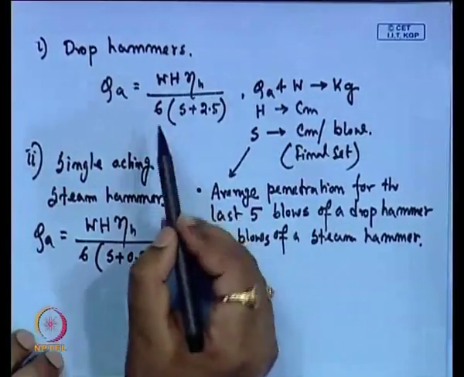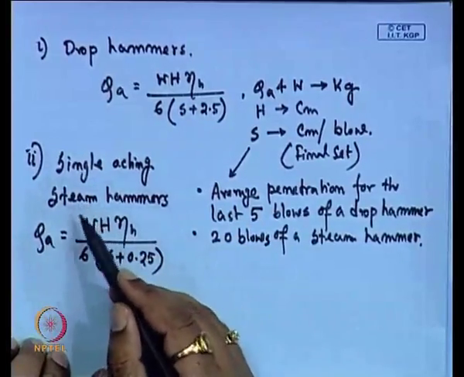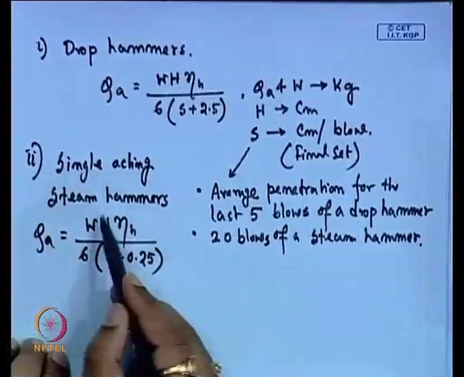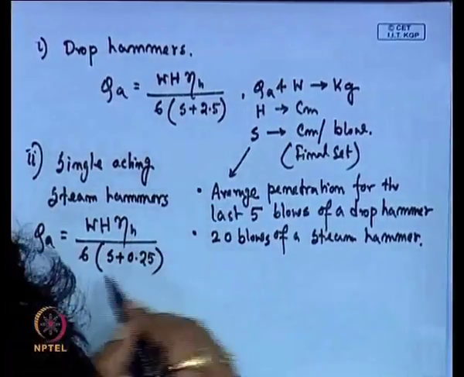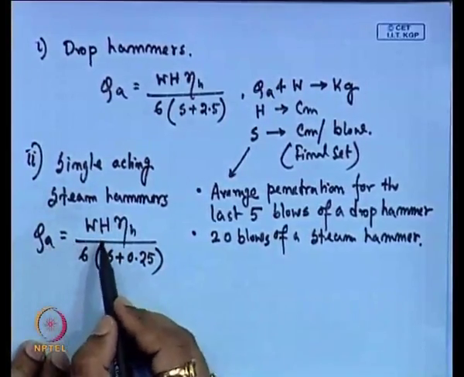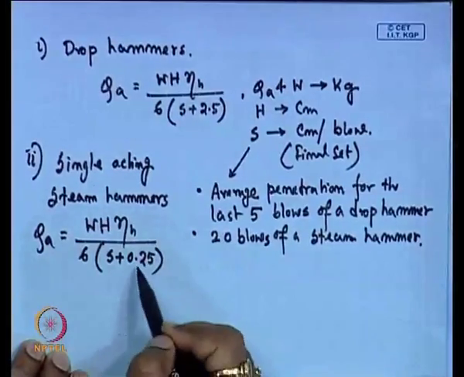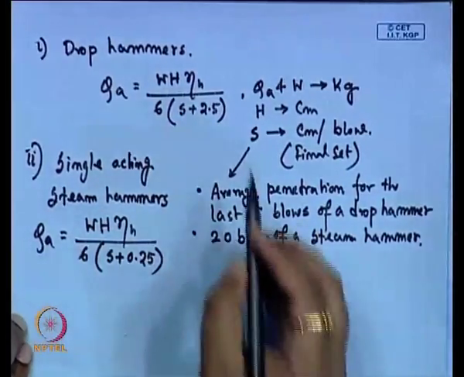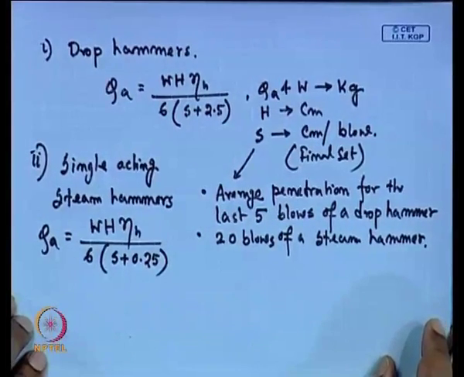So, here for the drop hammer, C value is 2.5, for the steam hammer, this is 0.25. Again this W and Q A are in kg, H is in centimeter, S in centimeter per blow, and this is 0.25.